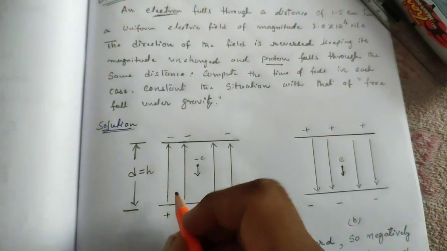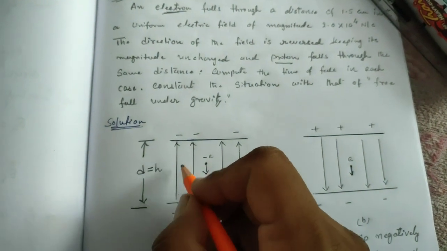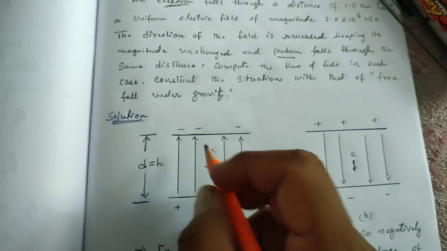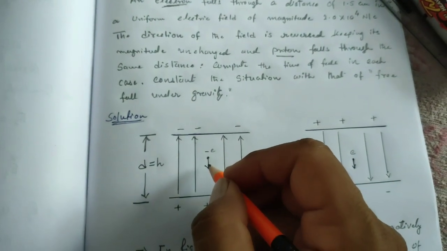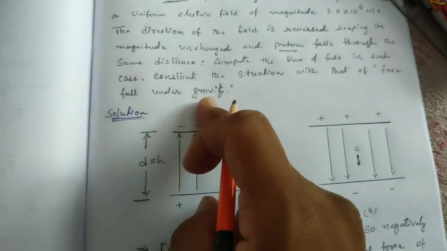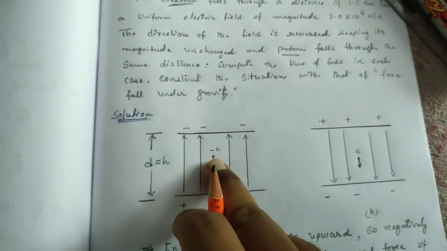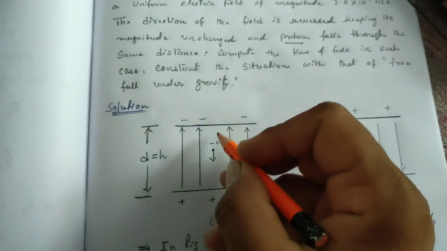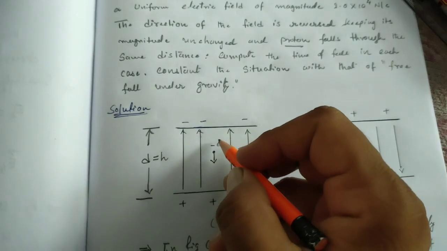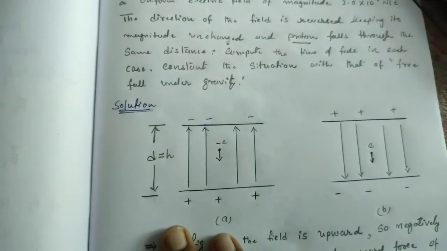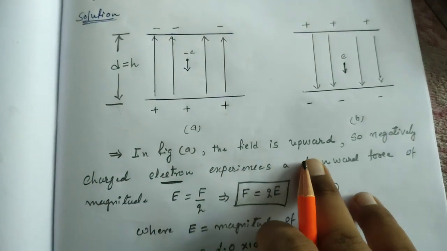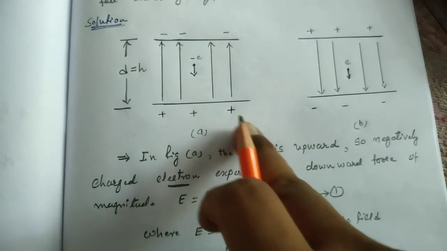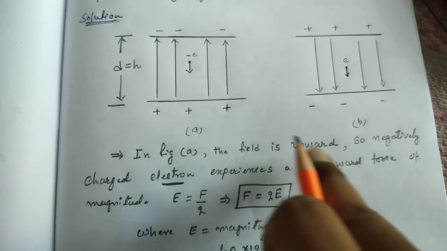As we know, the electric field is from positive to negative direction, and the electron falls under free fall. Here we have to find the time taken by this electron to fall. Let us see how we will solve this numerical. The field is upward, as you can see in the diagram.